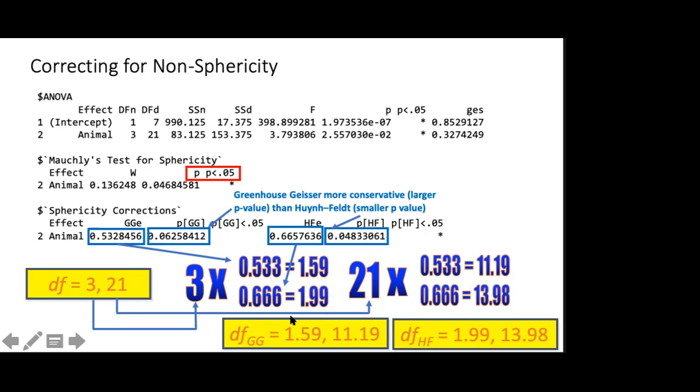It's important that when you report these results, you have to report the corrected degrees of freedom, so there are these odd numbers, rather than reporting the original degrees of freedom.